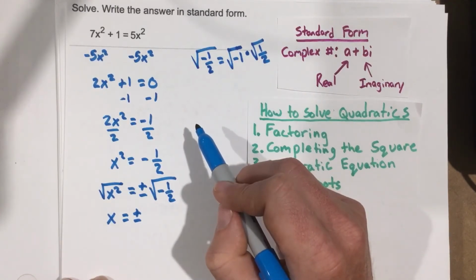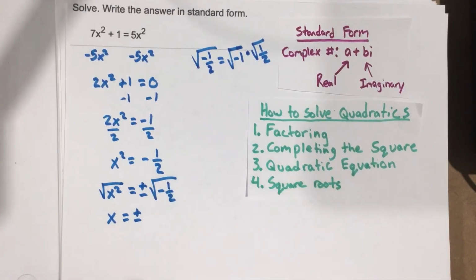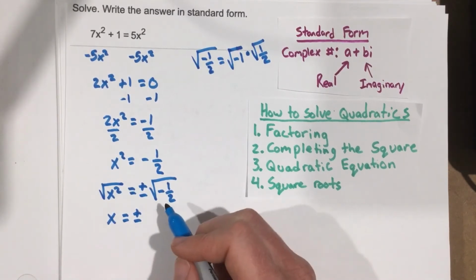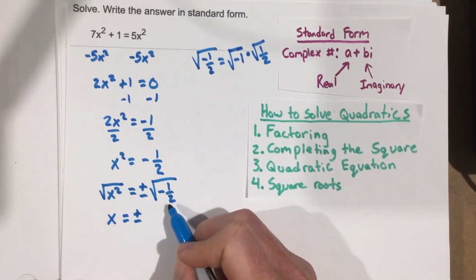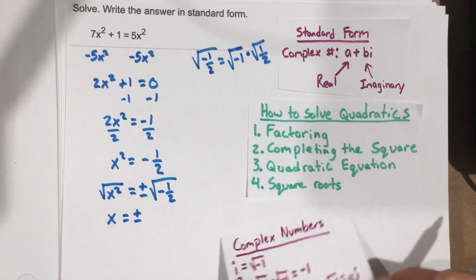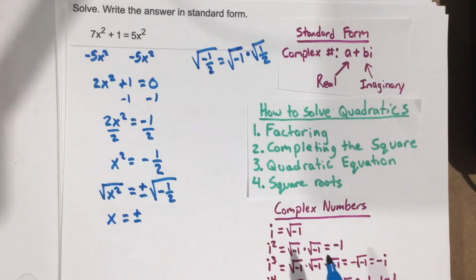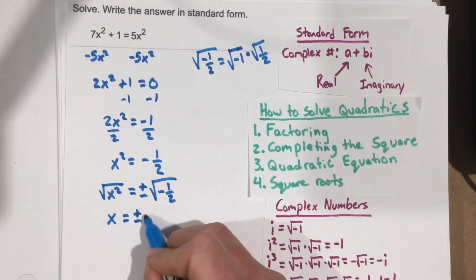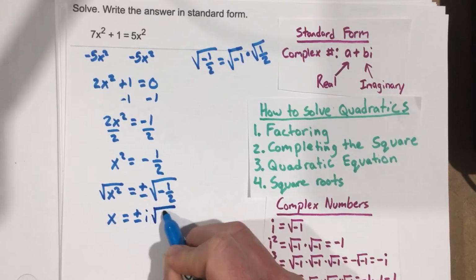Well, we know that root negative 1 is i, and you can pull up what we know from before with complex numbers. Root negative 1 is i. So we can write that as i root 1/2.